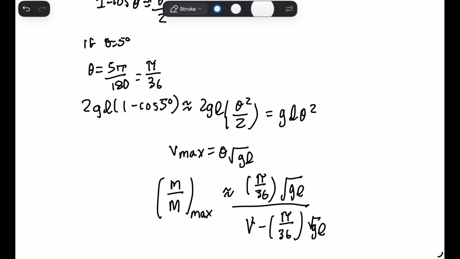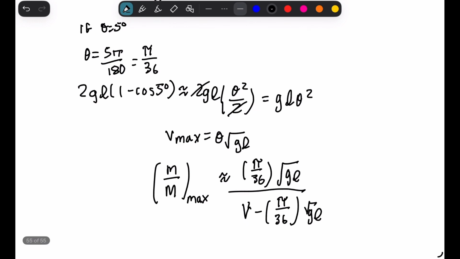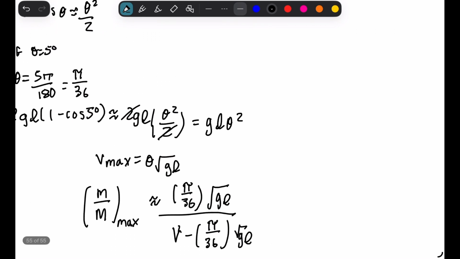So when we have 2 g L (1 - cosine 5 degrees), that's going to be approximately 2 g L θ squared over 2, which is equal to g L θ squared, because that 2 is going to cancel out. So V max is equal to θ times the root of g L. So m divided by M max is going to be approximately π over 36 root of g L, over V minus π over 36 times the root of g L.